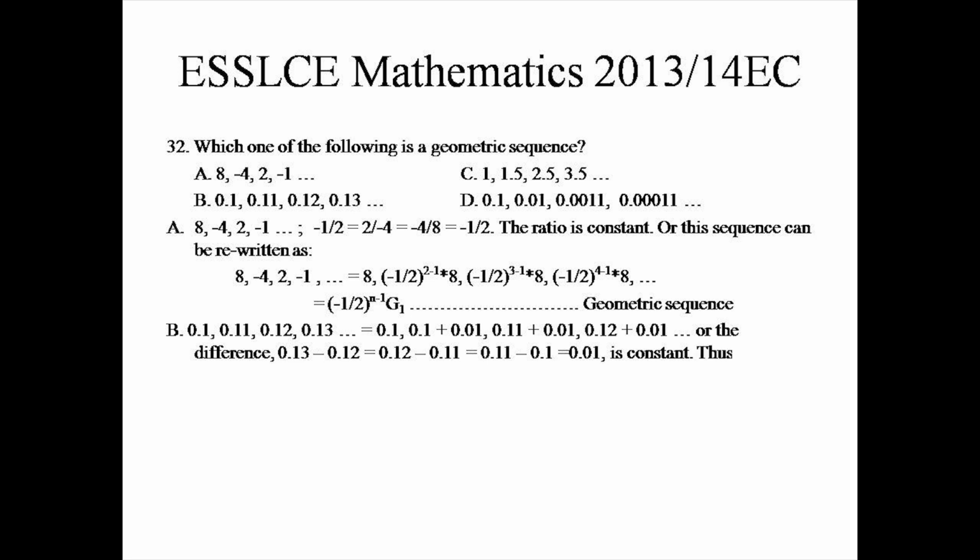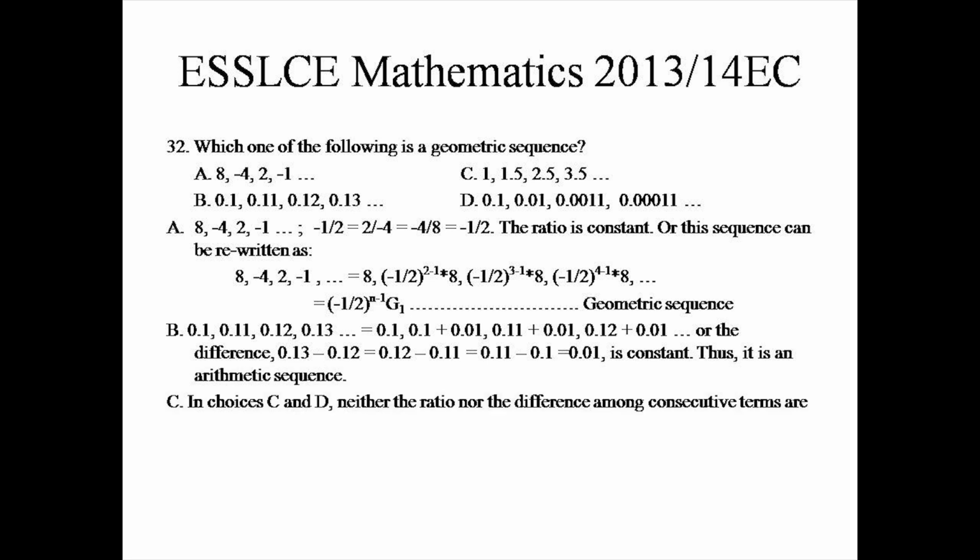This is equal to 0.01. The common difference is constant, so this is an arithmetic sequence. In choice C and choice D, neither the ratio nor the difference among consecutive terms is constant, hence they are neither arithmetic nor geometric sequences. The correct answer is choice A, meaning choice A represents a geometric sequence.